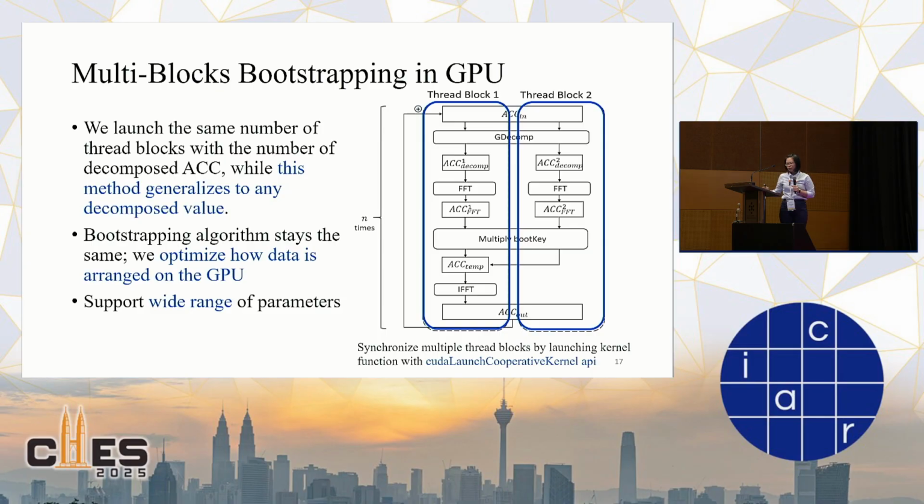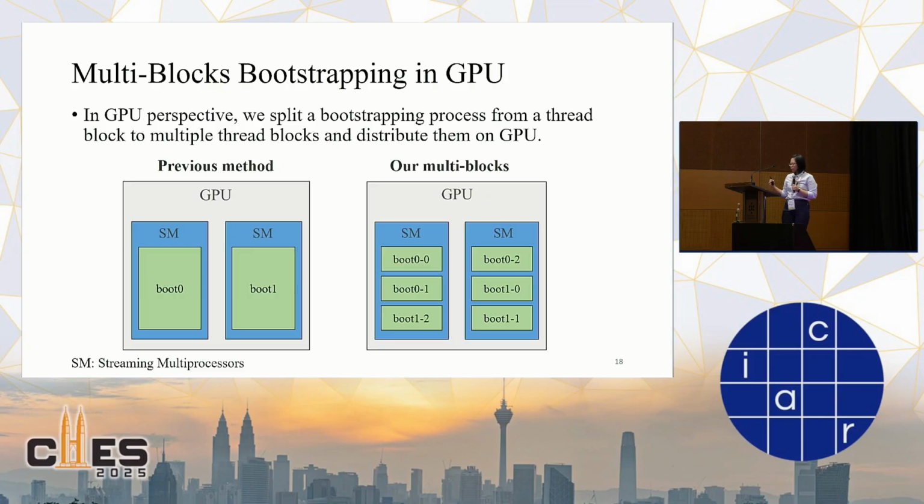Thanks to the new CUDA support for synchronization across multiple thread blocks, we can synchronize thread blocks when necessary during bootstrapping. By distributing data this way, we effectively support large parameters and improve overall performance.